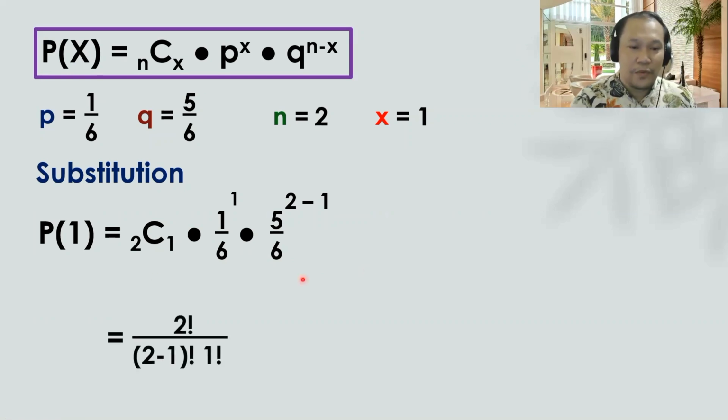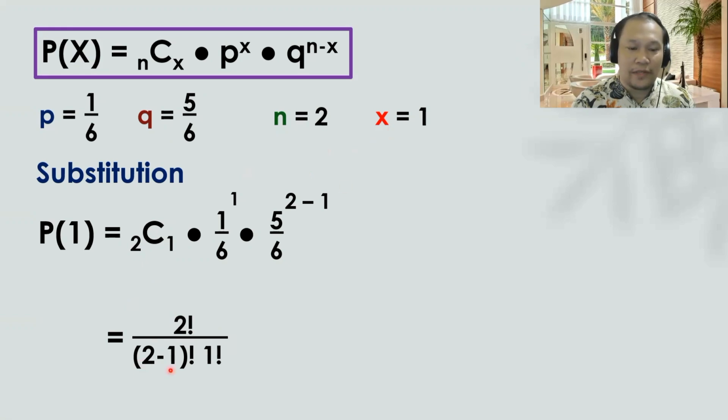Okay? And then first, we are going to simplify this one, the combination. Now, this combination is equal to 2 factorial all over 2 minus 1, open and close factorial, 1 factorial. I repeat, this combination is equal to, for the numerator, whatever be our n, that will be n factorial, which is 2 factorial, all over the difference between n and x.